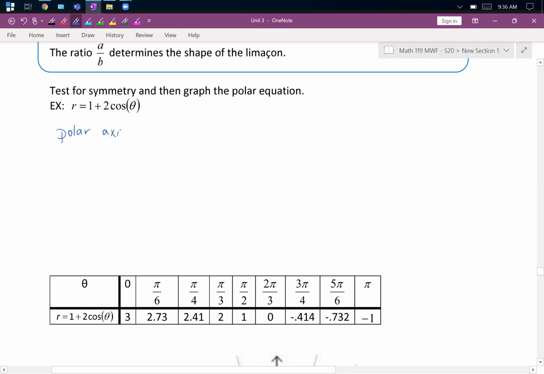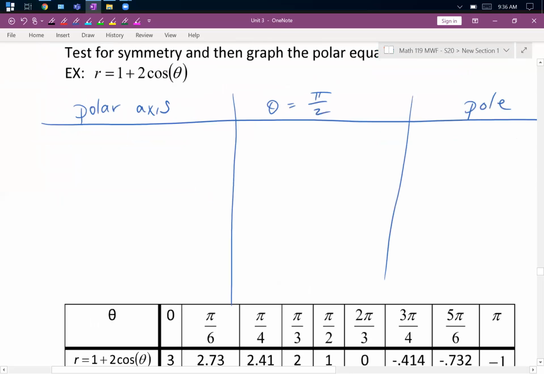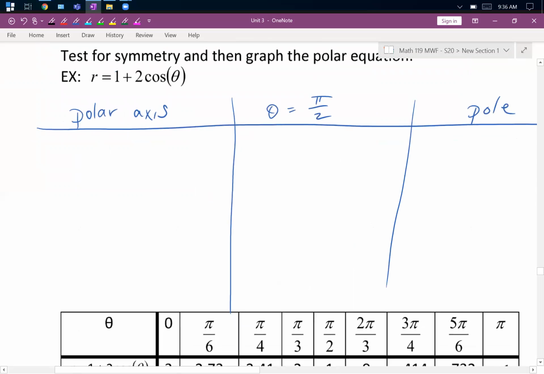We'll make our little chart: polar axis, theta equals pi over 2, and then the pole, the three symmetries we're testing. For the polar axis, this is where we replace theta with negative theta, and we typically are using our negative angle identity to simplify this.